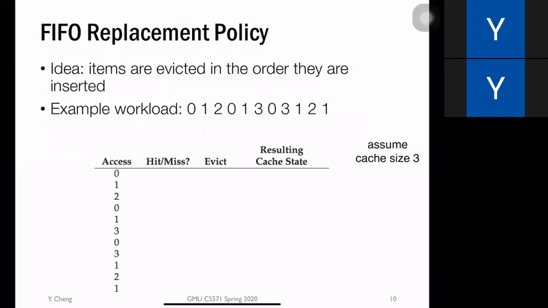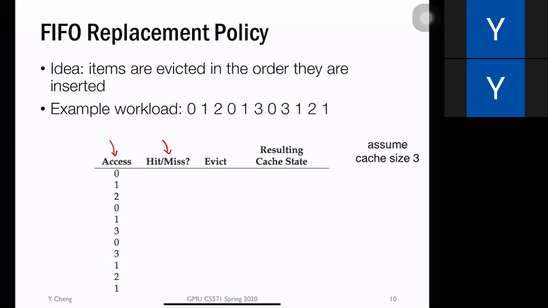So at the bottom half of the slide, we're looking at a cache access table, which is used to track the cache behavior. It has multiple columns. The leftmost column is essentially the example workload, the access. The second column indicates whether this access is a cache hit or a miss, right?